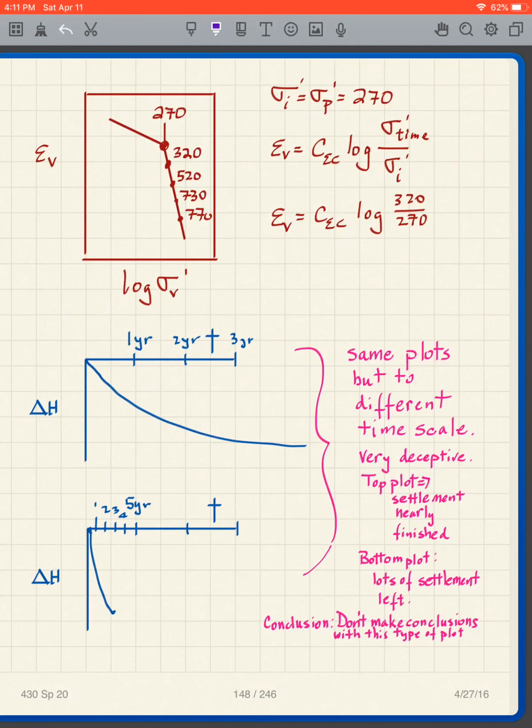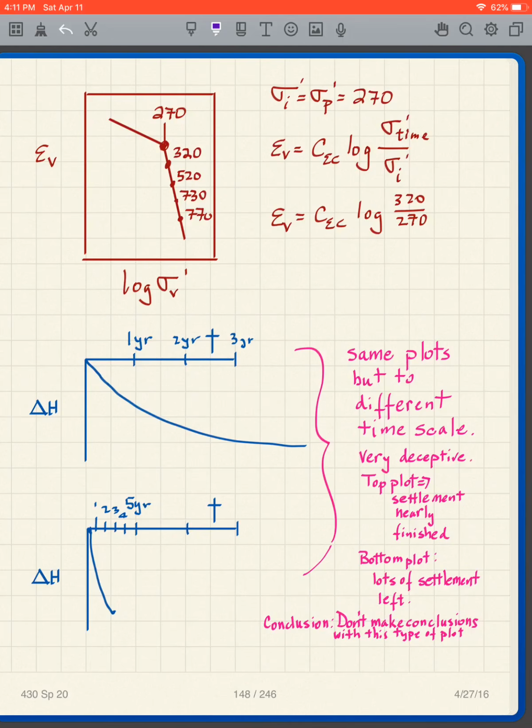Why is it deceptive? Because for the top plot, we say that settlement is nearly finished. But for the bottom plot, it looks like there's lots of settlement left. So what is the conclusion here? Don't make conclusions with this type of plot. You have to look at the excess pore pressure, really.